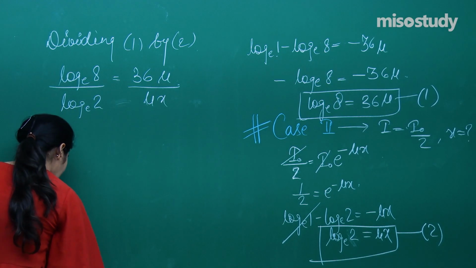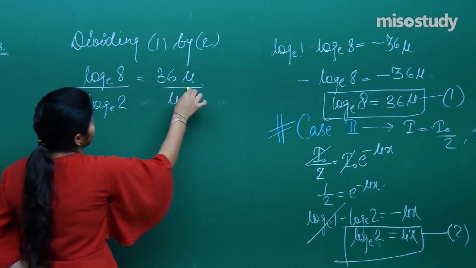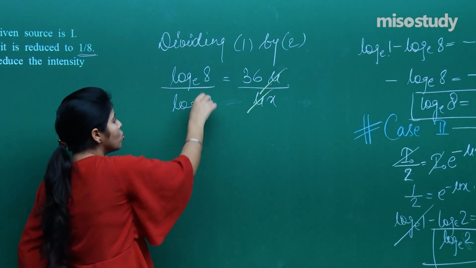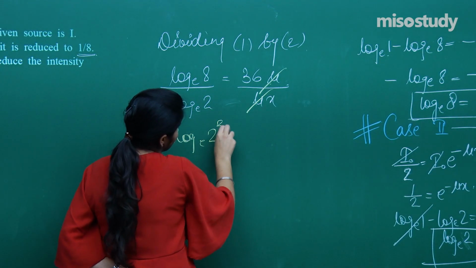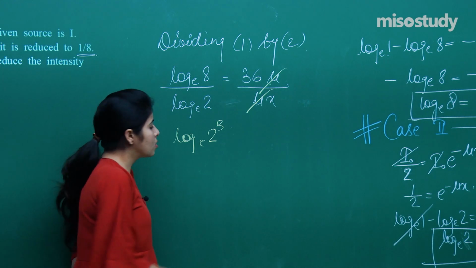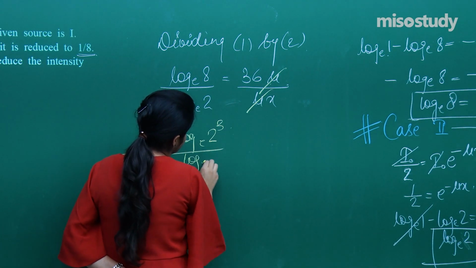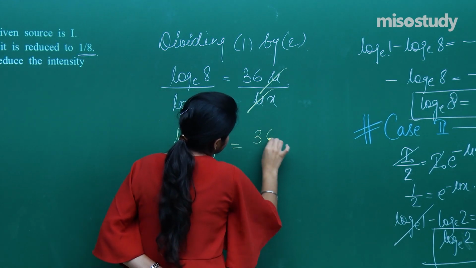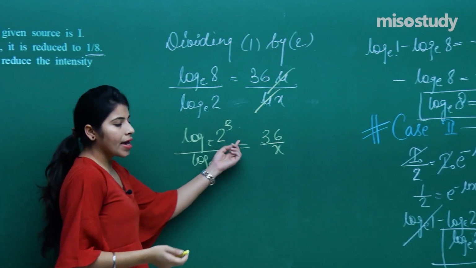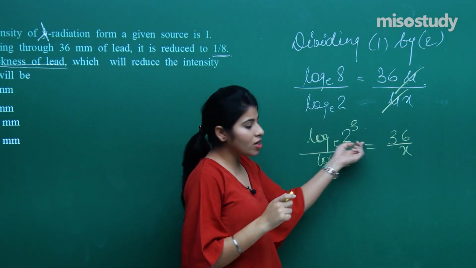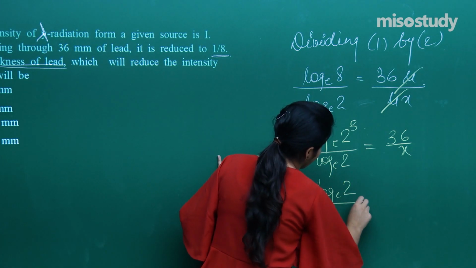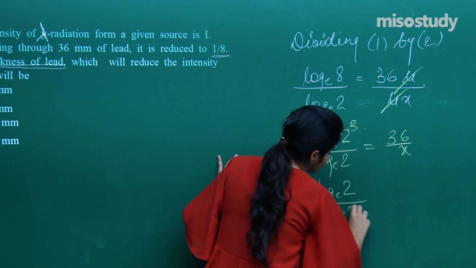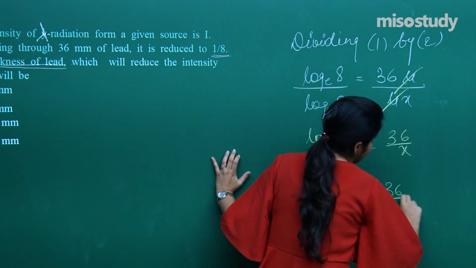Now the question has become very simple: mu cancelled and you can write this 8 as 2 raised to the power 3, 2 cube, equals 36 upon x. Again you can write it in another form: 3 log e base 2 divided by log e base 2 equals 36 upon x.